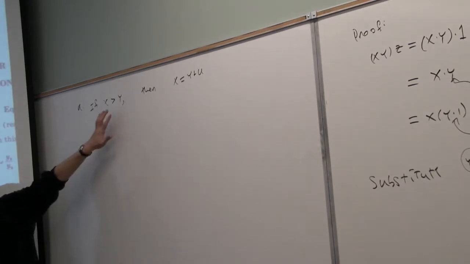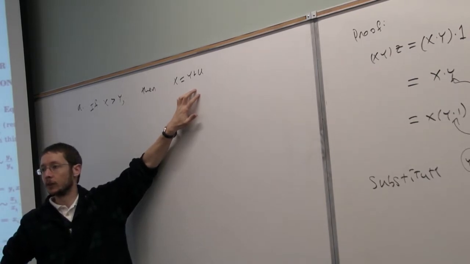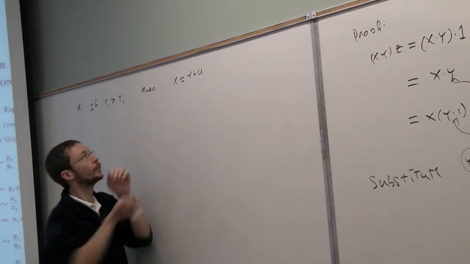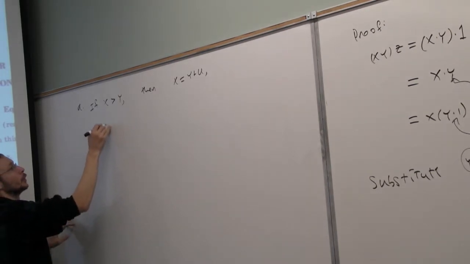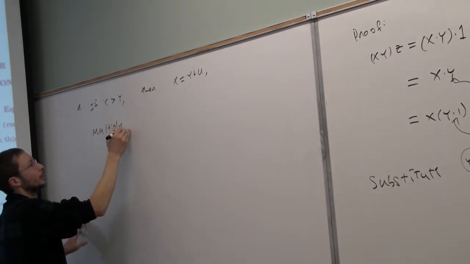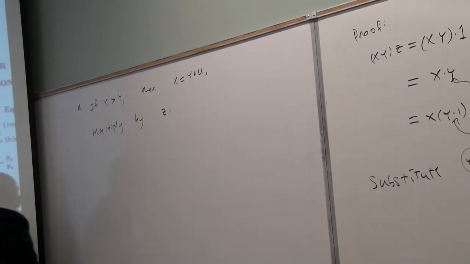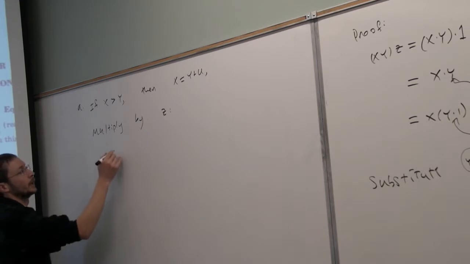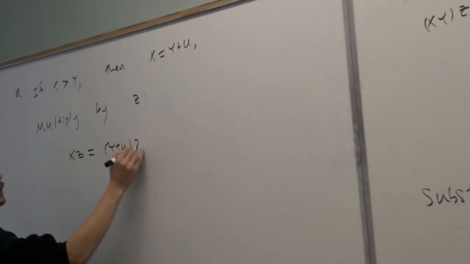And so, if this is true, then this equation is guaranteed to hold for some u, right? And so what we'll do is we'll multiply both sides by z. So we get xz is equal to (y plus u) times z.